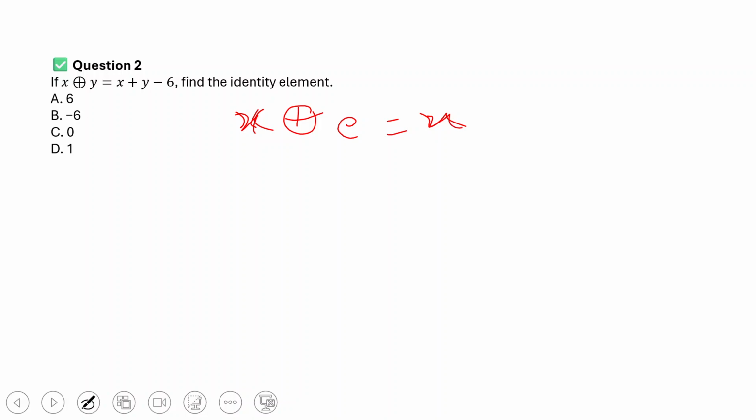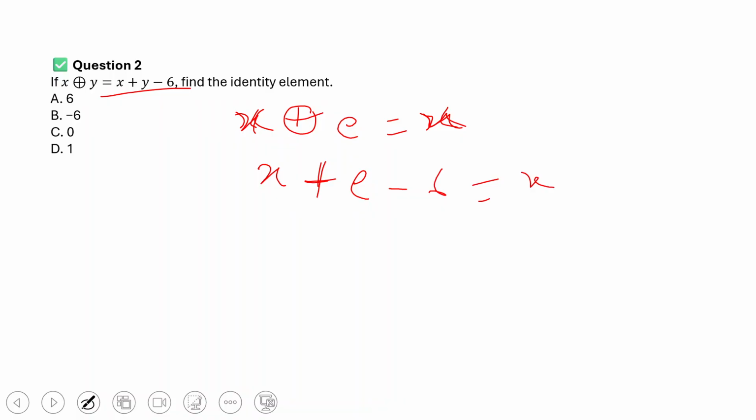So what is this identity element e that will make this unchanged? So I write the expression again: x, then instead of y I put my identity element e, then minus 6. Will it still give me x?